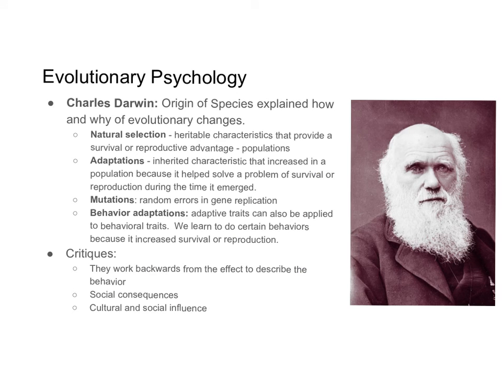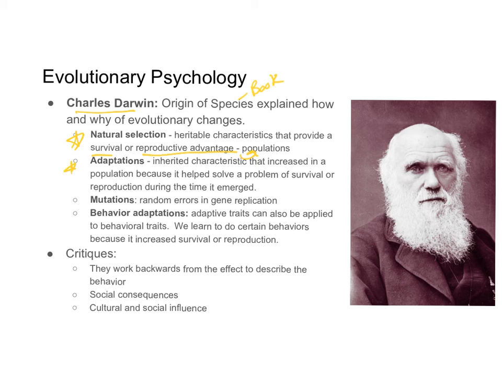And finally, Charles Darwin was super important to evolutionary psychology. He wrote a book called The Origin of Species, and that explained the why of evolutionary changes. And he realized a couple of things. First, that we have natural selection. Natural selection is the changes or the characteristics that happen for survival and reproductive advantages because we want to ensure our population.